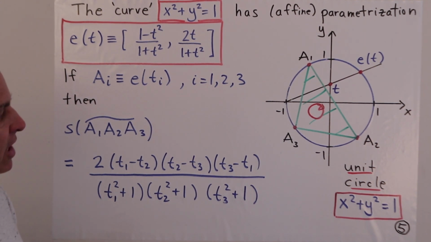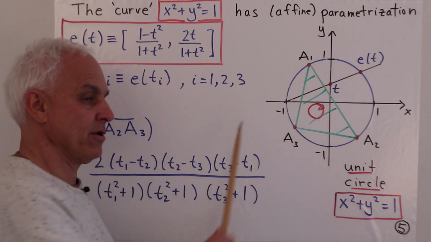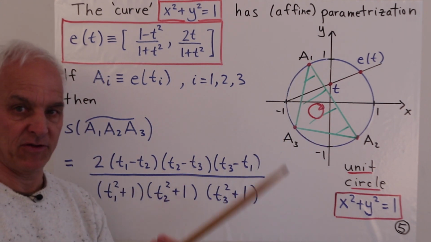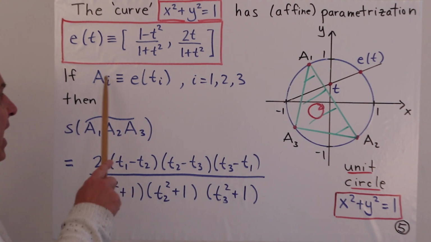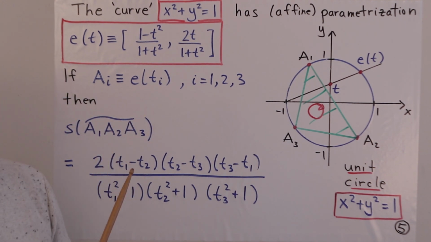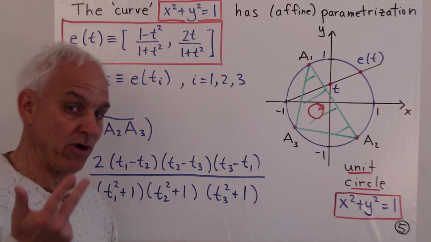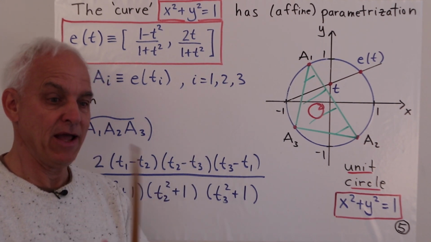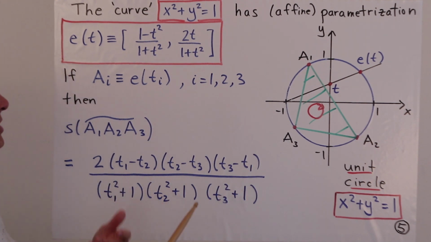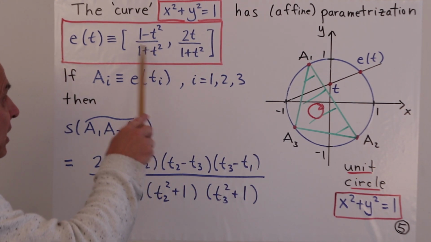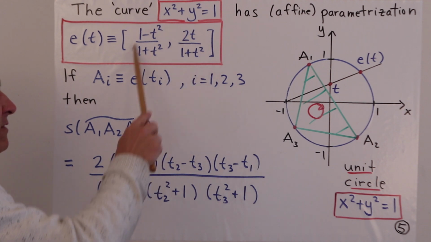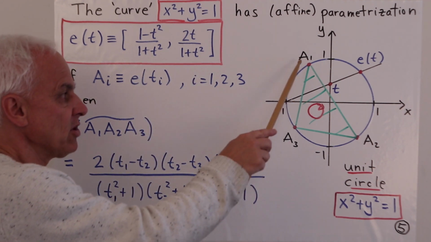And now let's choose 3 points on the circle in terms of this parametrization. So we'll let a_i be e of t_i, where i runs from 1 to 2 to 3. So we're taking 3 parameters, t1, t2, and t3, and considering the corresponding points that you get by plugging t1, t2, and t3 into this formula. So we get 3 points on the circle.